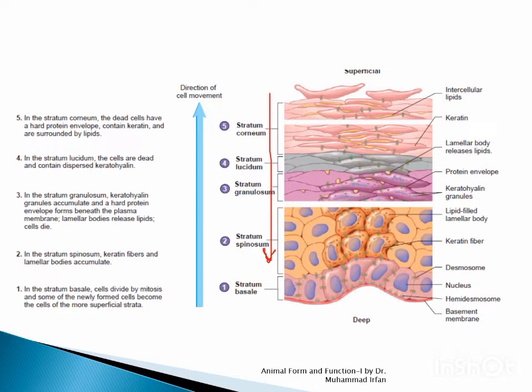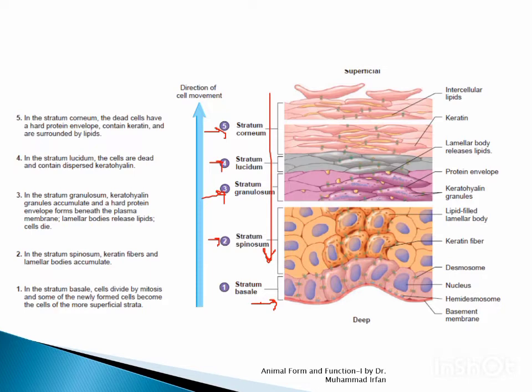These strata are: stratum basale, the deepest layer; on that, stratum spinosum; on that, stratum granulosum; outside of that, stratum lucidum; and then stratum corneum, the outermost layer. The number of cell layers varies from mammal to mammal and in different areas of the skin.